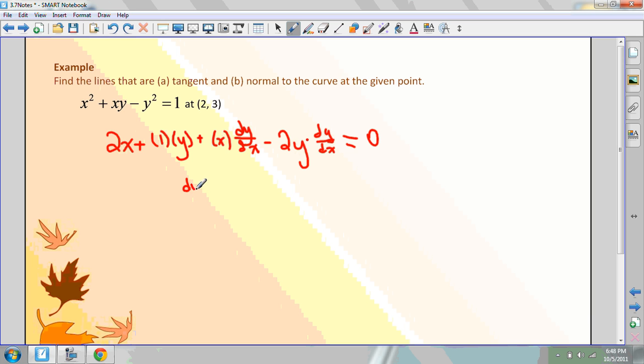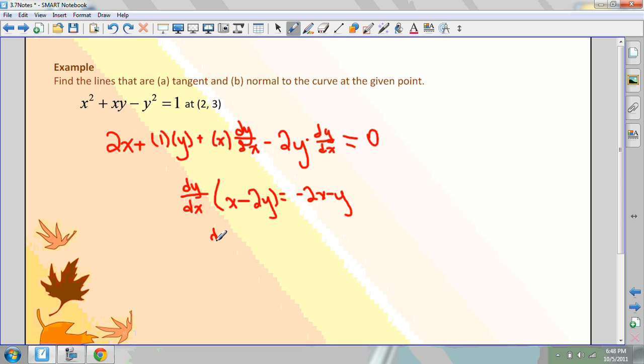And I'm going to, again, factor out the dy dx. So dy dx times x minus 2y equals negative 2x minus y. And let me just check this since I don't have anyone to check me.